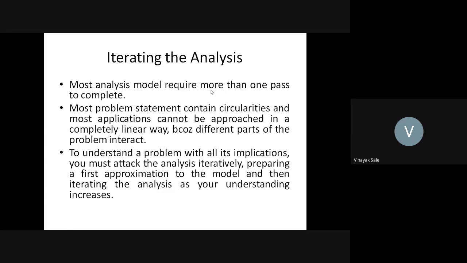Most problem statements contain circularities and most applications cannot be approached in a completely linear way because different parts of the problem interact. To understand a problem with all its implications, you must attack the analysis iteratively, preparing a first approximation to the model and then iterating the analysis as your understanding increases.